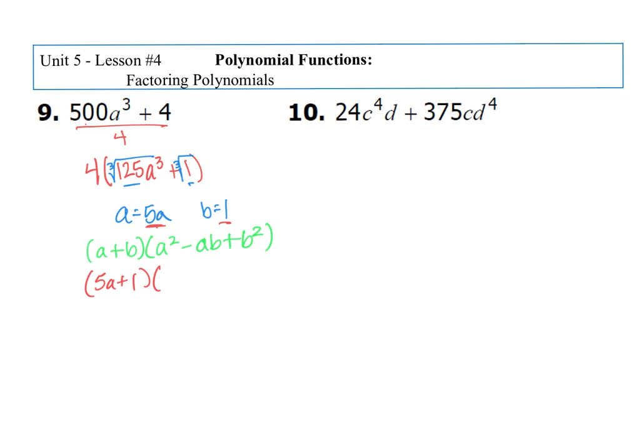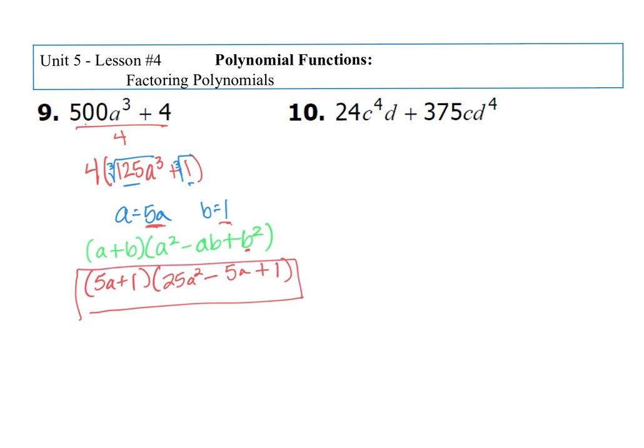So 5a times 5a, which is 25a squared, minus a times b. 5a times 1 is just 5a. And then plus sign, and our b value squared is 1 squared, which is 1. So fully factored, this is 5a plus 1 times 25a squared minus 5a plus 1.